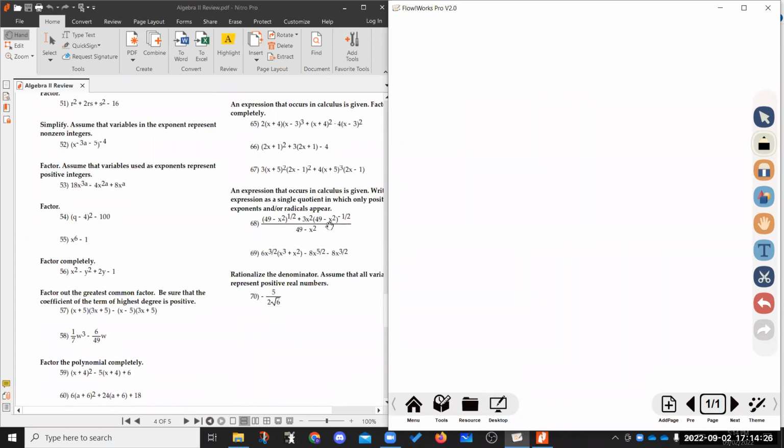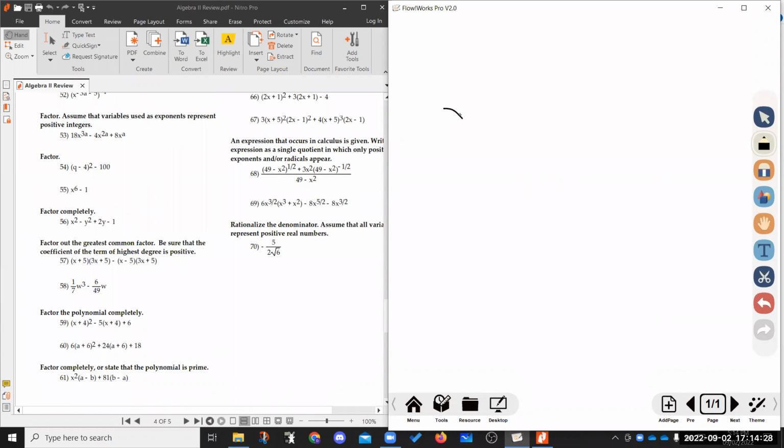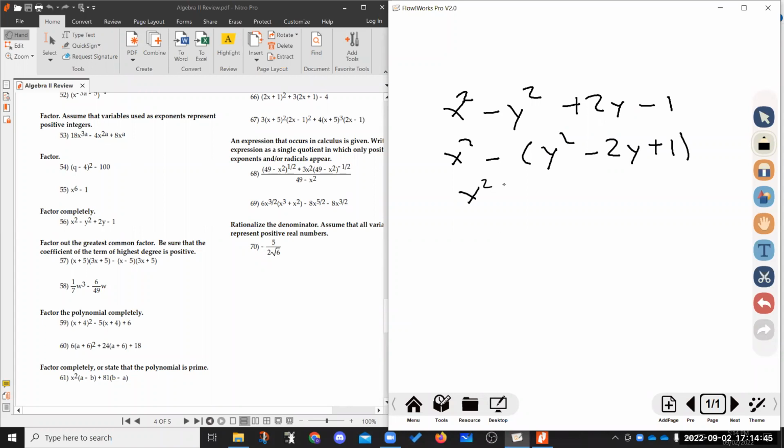We're going to factor number 56 completely. X squared minus y squared plus 2y minus 1 is x squared minus y squared minus 2y plus 1, which is x squared minus y minus 1 quantity squared.